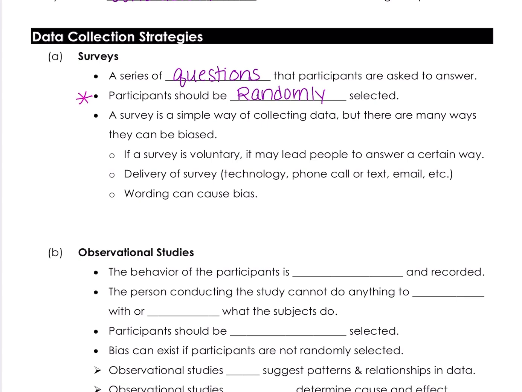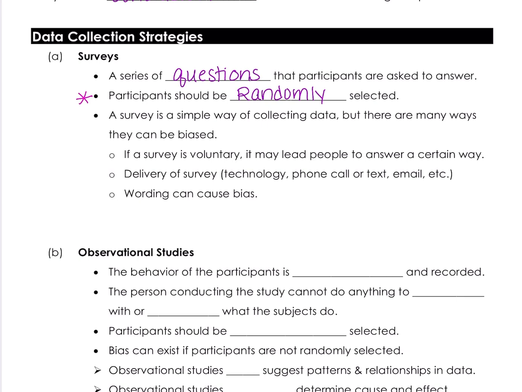Even wording can cause bias. The way that a question is presented could lead somebody one way or another. If I say to you, do you like soccer? You don't know what I want you to say. You don't know if I like soccer or I don't like soccer. I'm just asking you a straightforward question. But if I said, don't you love soccer? That's kind of leading you to be like, oh yeah, I love soccer too.